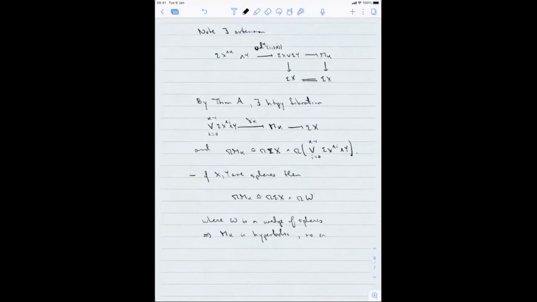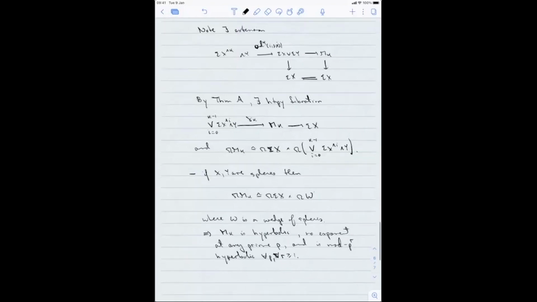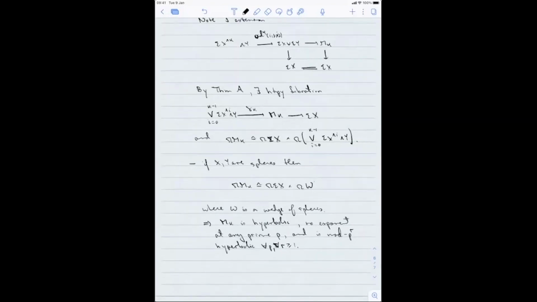It would have no exponent at any prime P. So Moore's conjecture holds. And it would also be mod P to the R hyperbolic for any prime P and any R. So its torsion homotopy groups would have exponential growth for all primes P and all R.